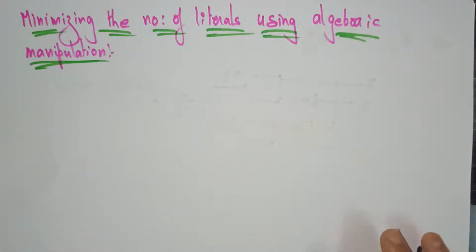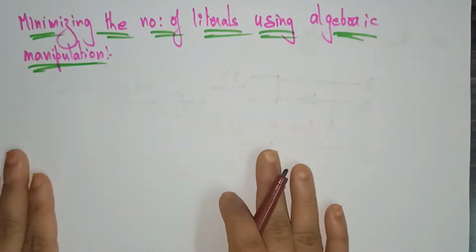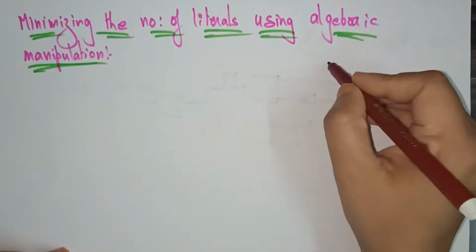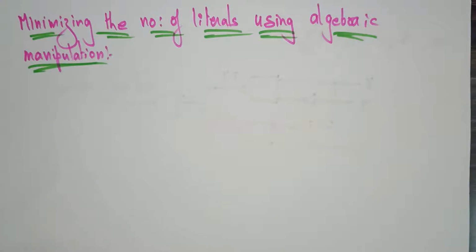Now, how to minimize the number of literals, that is the variables that are present in the Boolean function, using algebraic manipulation? I think the students who are watching this video are aware of algebraic equations. Some formulas are there.